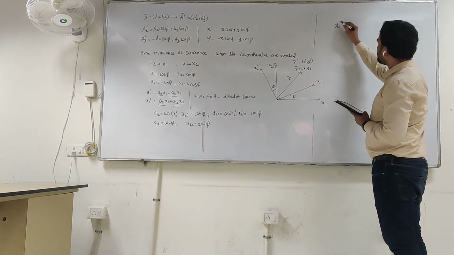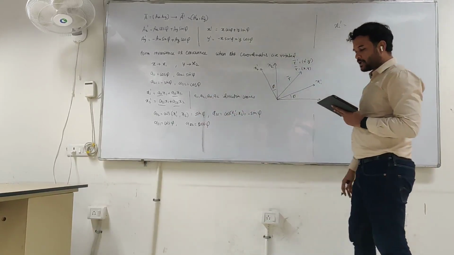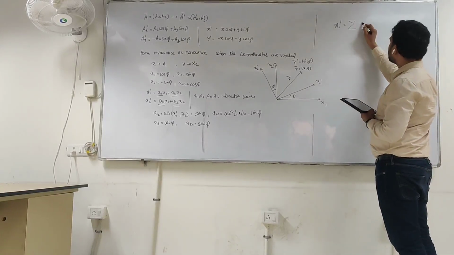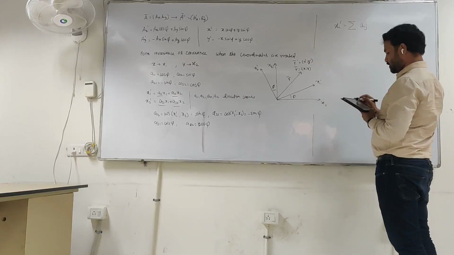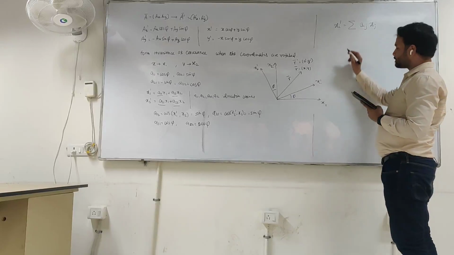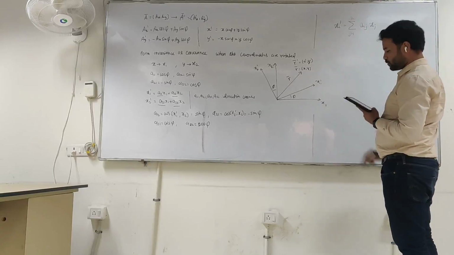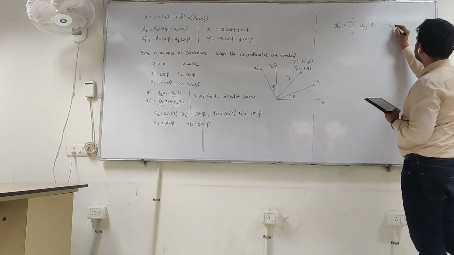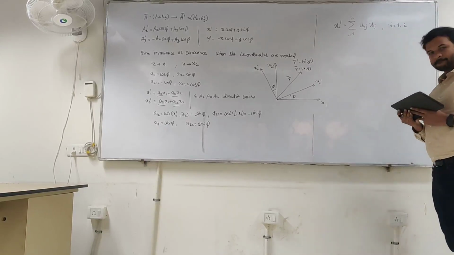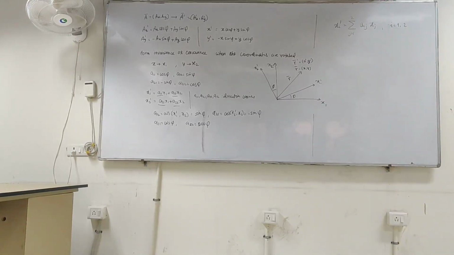We are interested in writing these two equations as a single equation using the summation convention. So xi prime is equal to the sum over the index j, where j goes from 1 to 2, and i is 1 and 2. Right? This makes sense? Yes, sir.